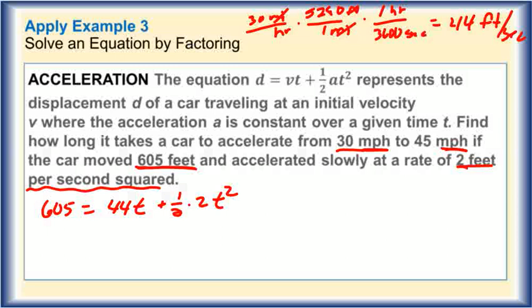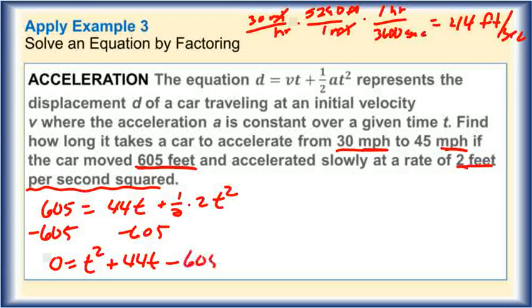So now if I make this equal to 0, this would be minus 605 on both sides. I now have 0 equaling t squared, because half of 2 is 1, plus 44t minus 605.